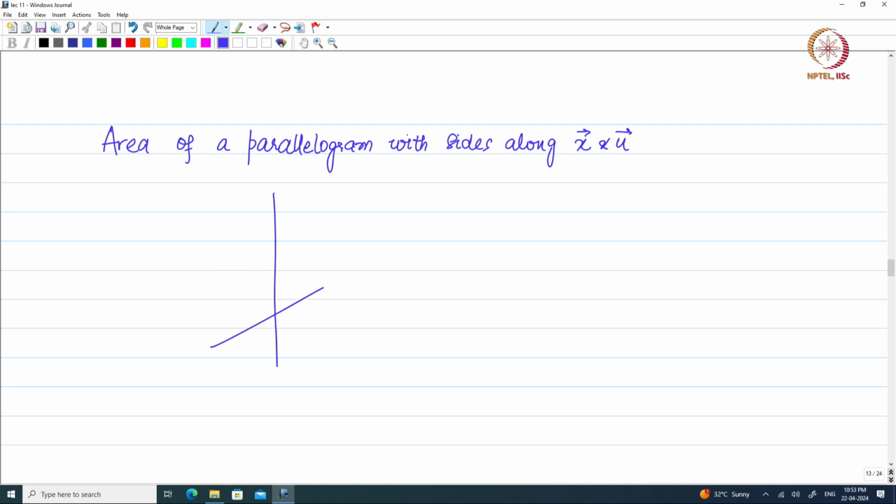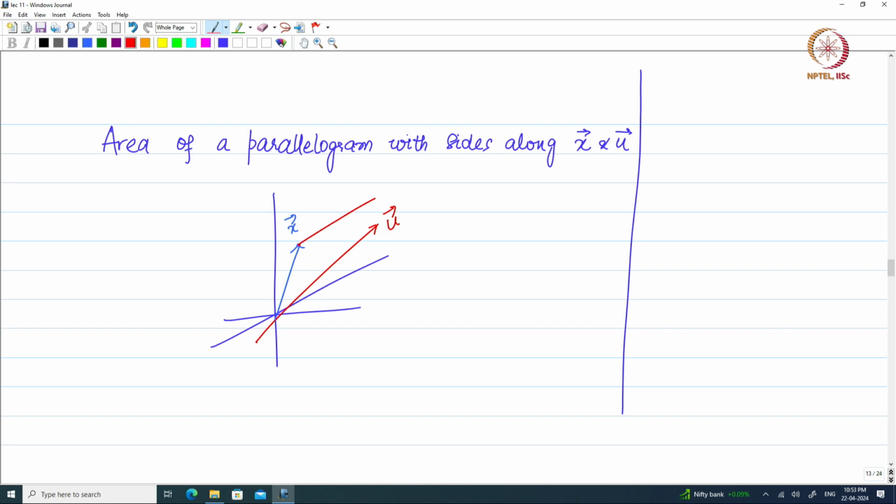Let us assume that this is the vector u, and this is the vector x. The parallelogram is formed by doing this, so we have this to be the x vector. We want to find out the area of this.